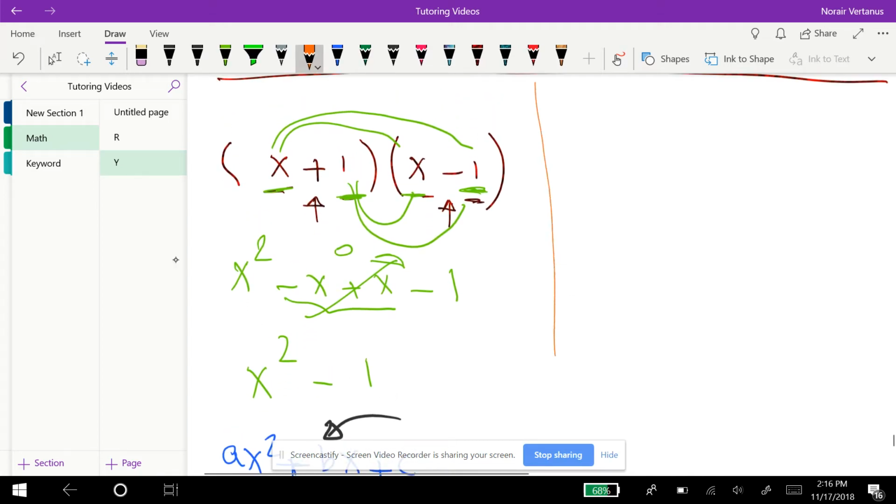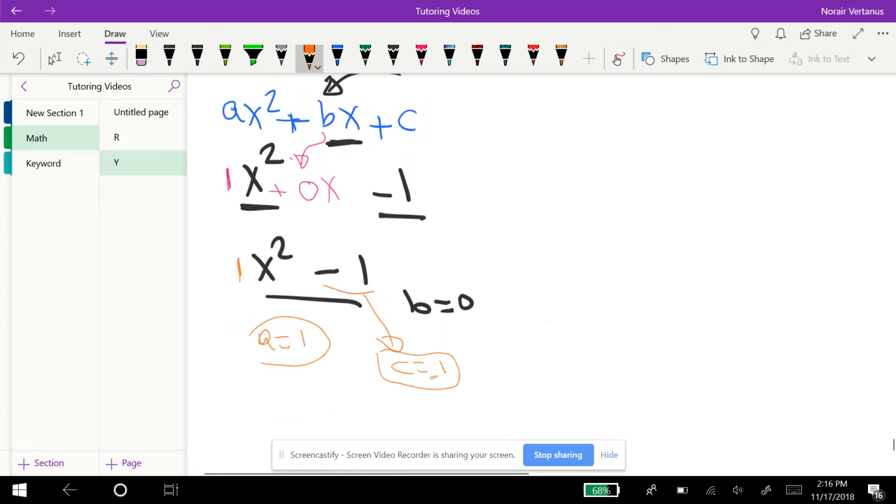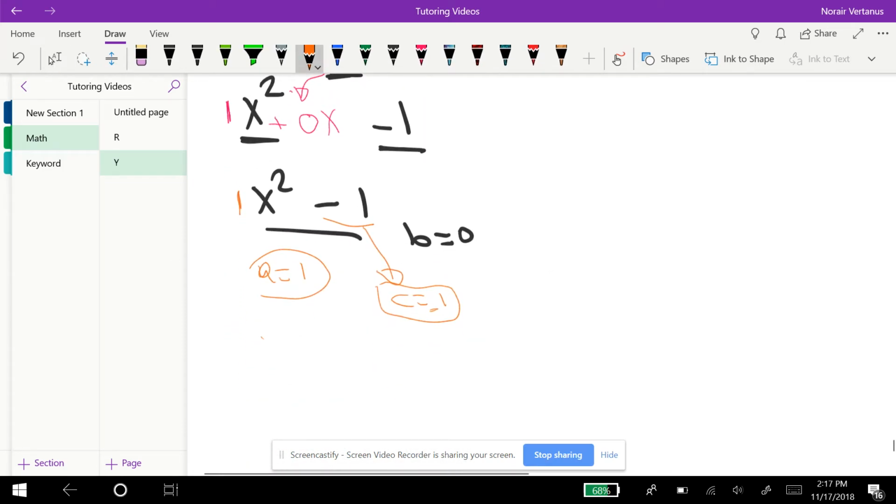Now, let's say you have x squared minus 1, and they're asking you to factor this. To factor this, we just do it opposite of that. Actually, we figured that x minus 1 times x plus 1 turns out to be x squared minus 1.